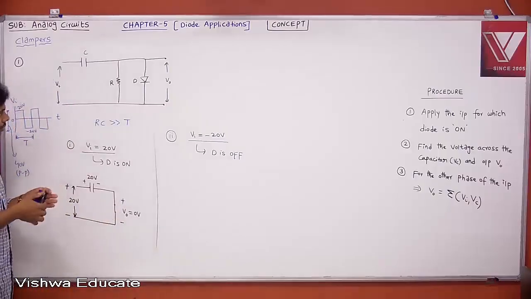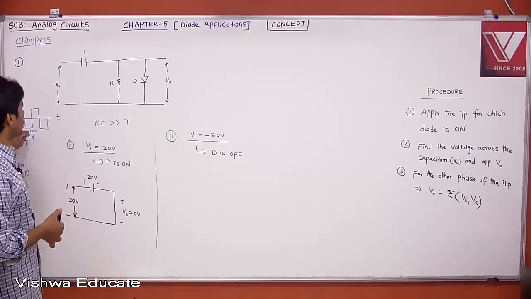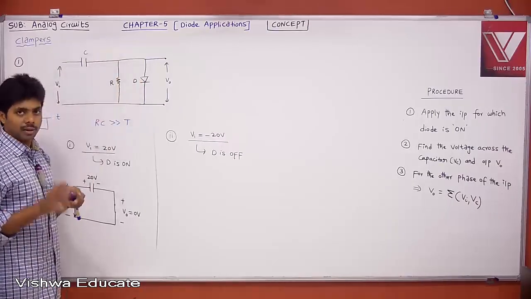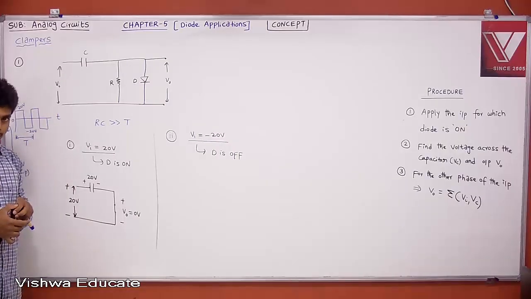Why is the diode off? You may say that there is a capacitor, so how can you say that negative is applied to the diode? Remember, the voltage across the capacitor cannot be changed instantaneously.